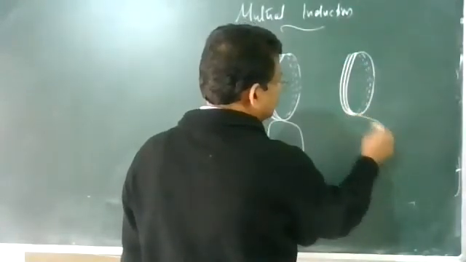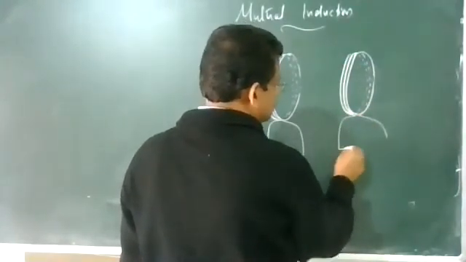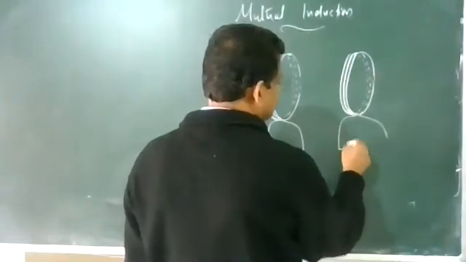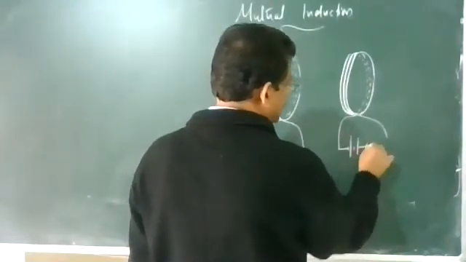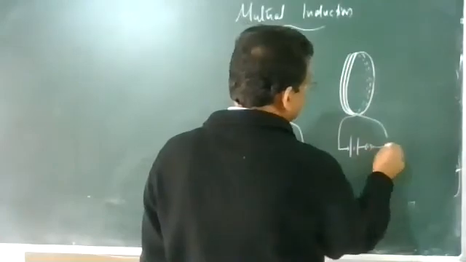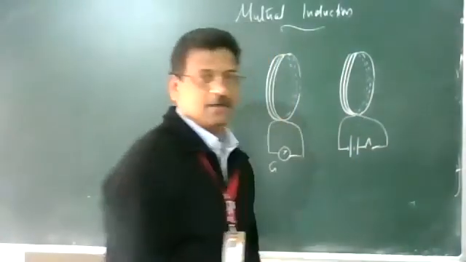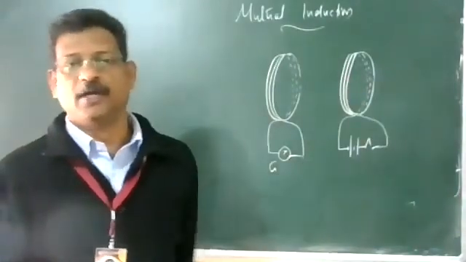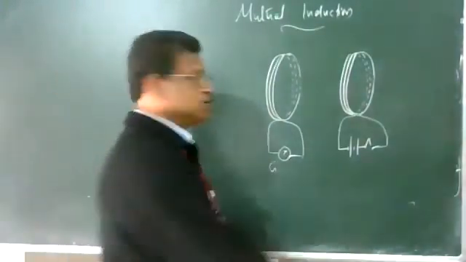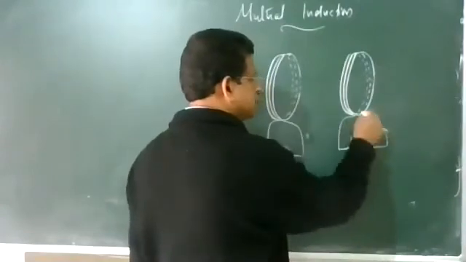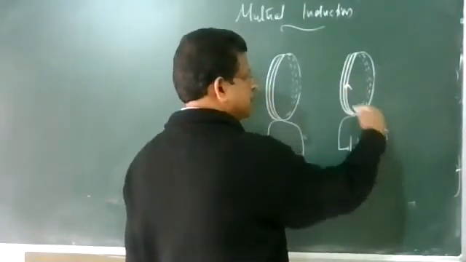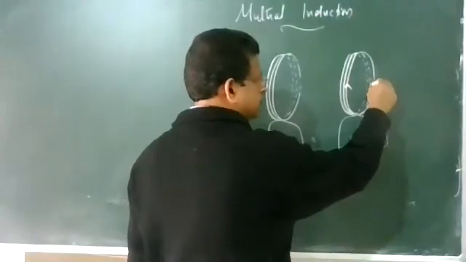From here a full line, from here a dotted line will come. Suppose I'm connecting a battery through a key. You can keep a tapping key. Tapping key means whenever you want, you can close it, you can open it very easily. So current will be flowing with the arrow mark. From here it goes and comes here.